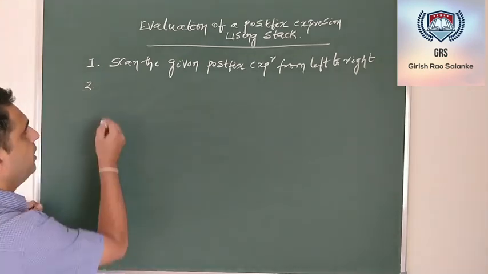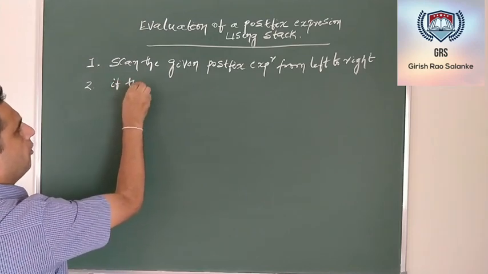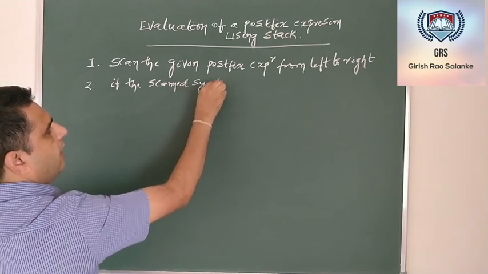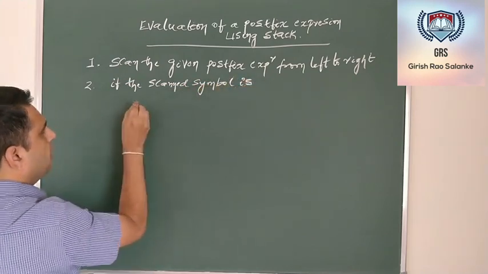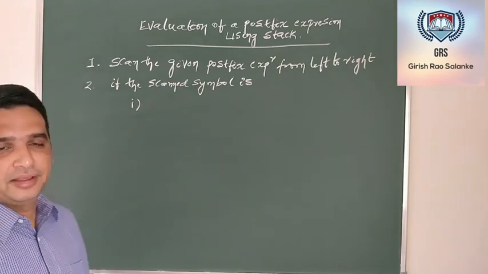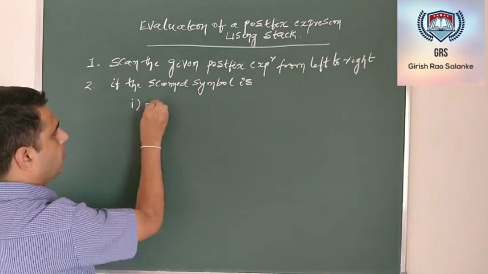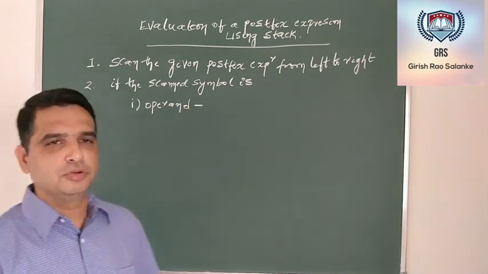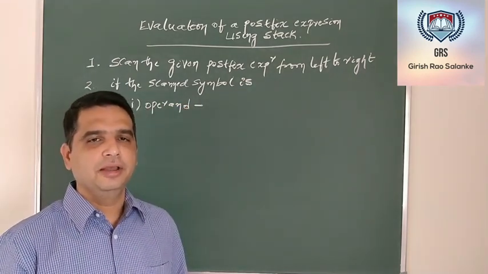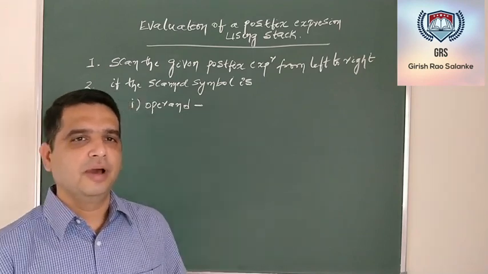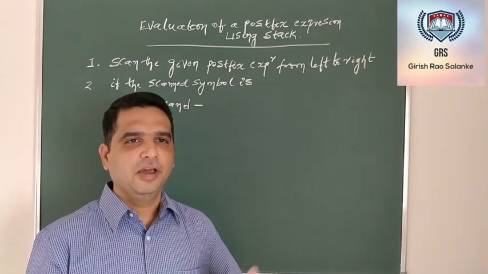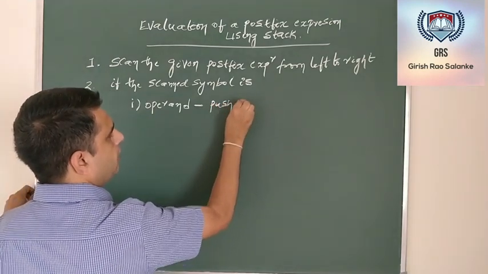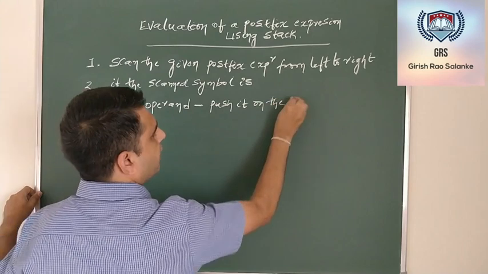So my step 2 would be: if the scanned symbol is an operand, in the sense if it is some numeric value like 3, 4, 5, then we are supposed to push it onto the stack. If it is an operand, push it onto the stack.